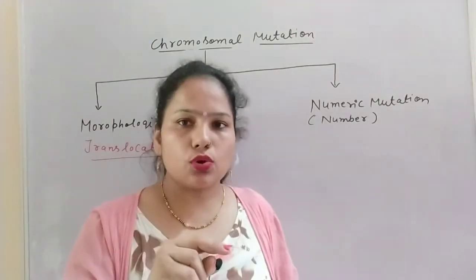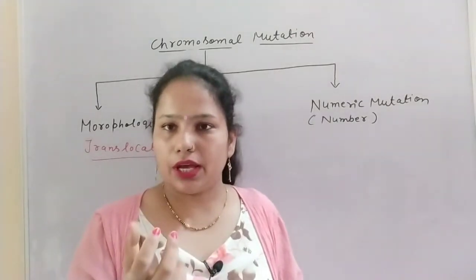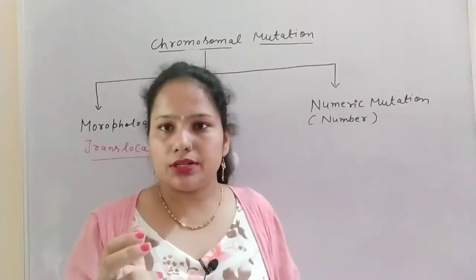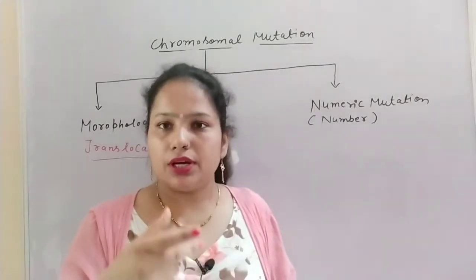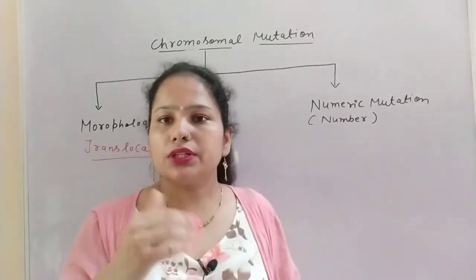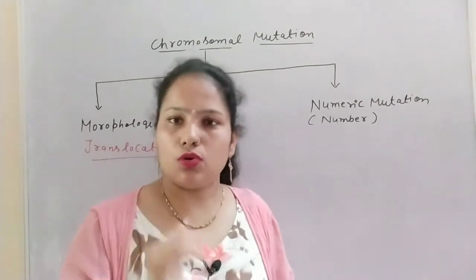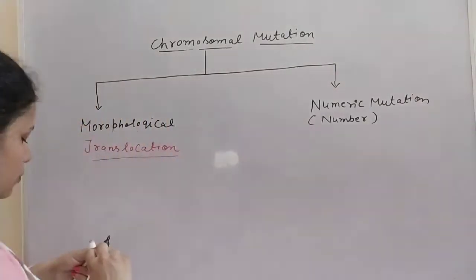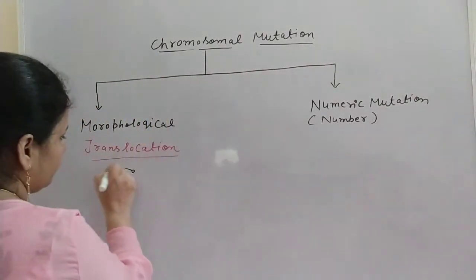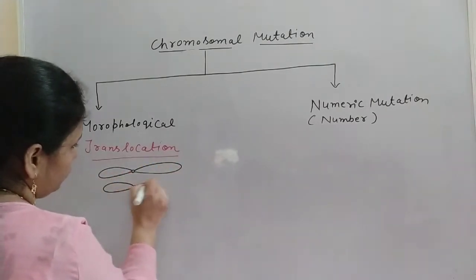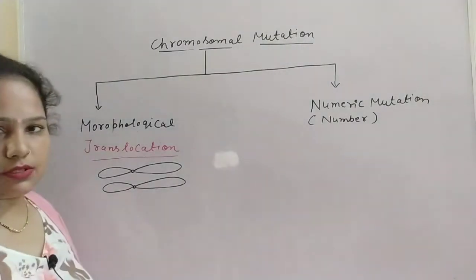Homologous means chromosomes that stay together. Like in the case of human beings there are 23 pairs: first pair, second pair, third pair. So all these chromosomes which are in pairs are the homologous chromosomes. So firstly one chromosome, and the second is also the homologous chromosome of this.